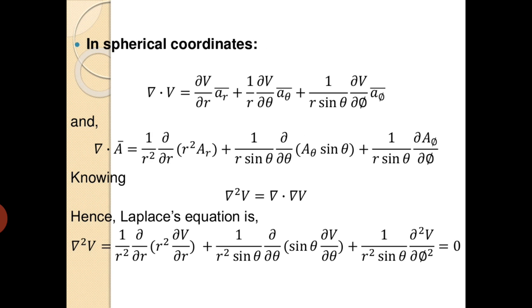Now knowing del square v equals del dot del v, we have the equation for Laplace: del square v equals 1 upon r square dou by dou r of r square dou v by dou r, plus 1 upon r square sin theta dou by dou theta of sin theta dou v by dou theta, plus 1 upon r square sin square theta dou square v by dou phi square, equal to 0, right?